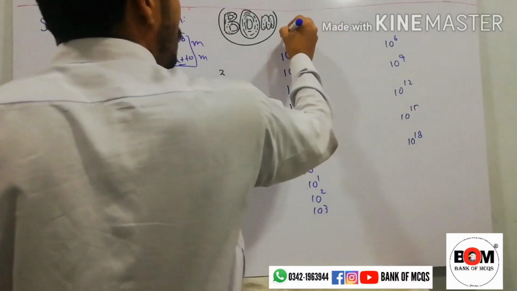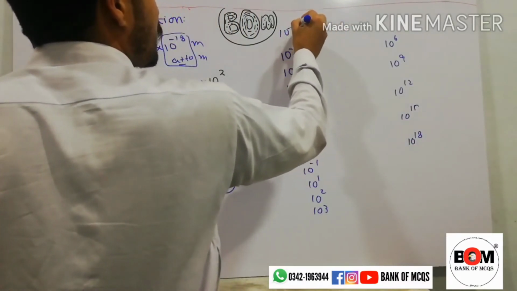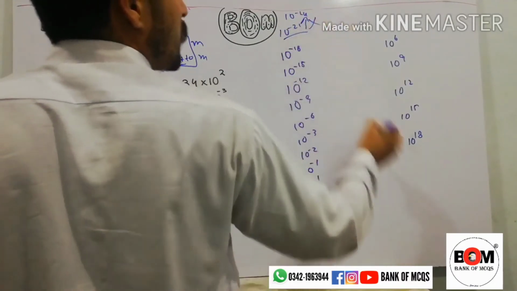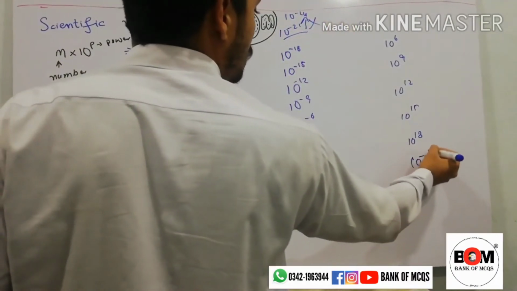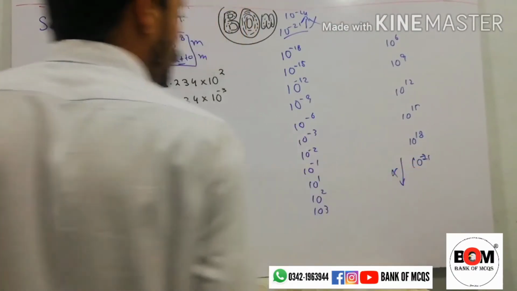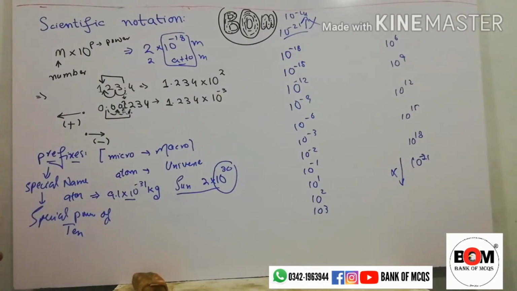There are also 10 raised to power minus 21, minus 24, and so on, but this is out of course. So these are special powers of 10 which are given special names, and these are called prefixes.